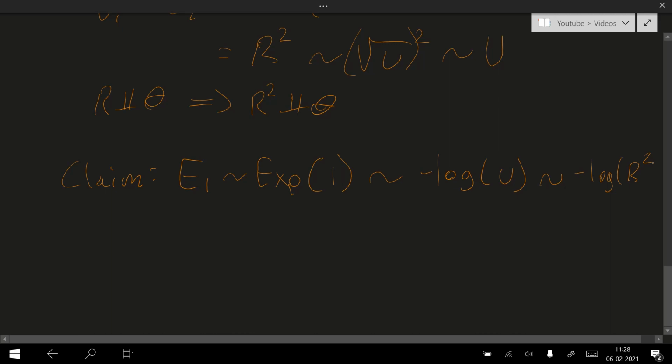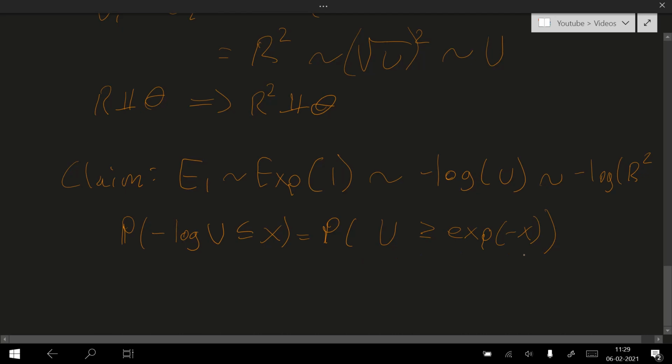Now, if we consider the probability of minus the logarithm of u being less than or equal to some x, then this is equal to the probability if we multiply by 1 over minus 1 on both sides, then we get that the inequality turns around, and then we take the exponential on both sides. So we get that u must be larger than or equal to the exponential function of minus x.